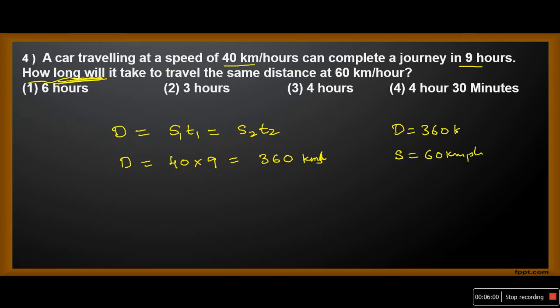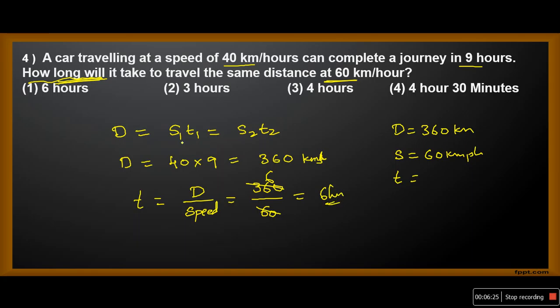This is in kilometers, and I have to find time. So time equivalent to distance by speed. What is the distance? 360. What is the speed? 60. Now he is traveling at 60 km per hour. 60 ones, 60 sixes. So the answer is 6 hours.